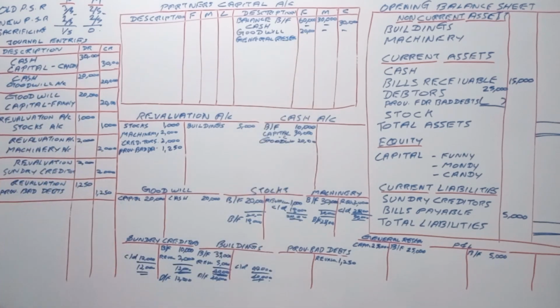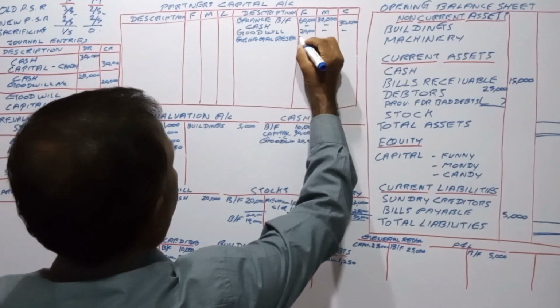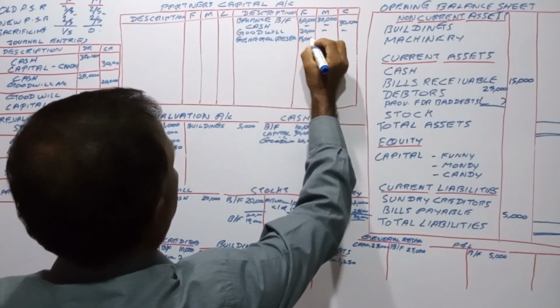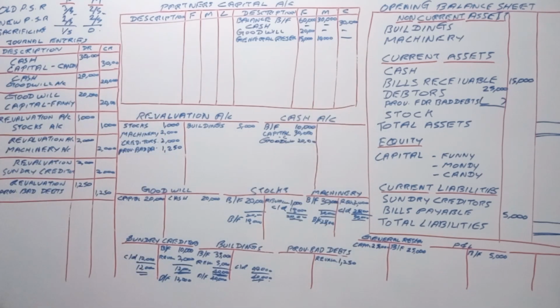General reserve 25,000 divided by 5 means 5,000. 5 into 3 is 15,000 for Fanny, 10,000 for Mundi, right? According to the old profit sharing ratio.